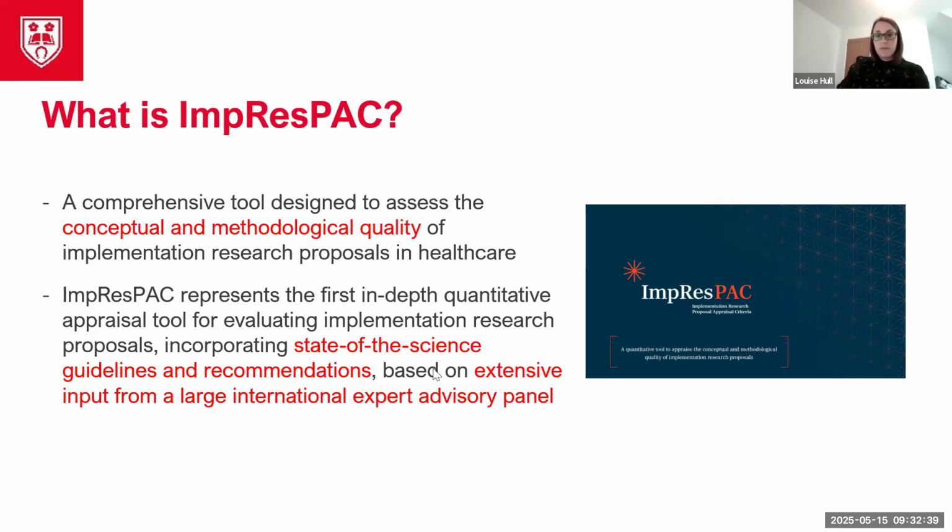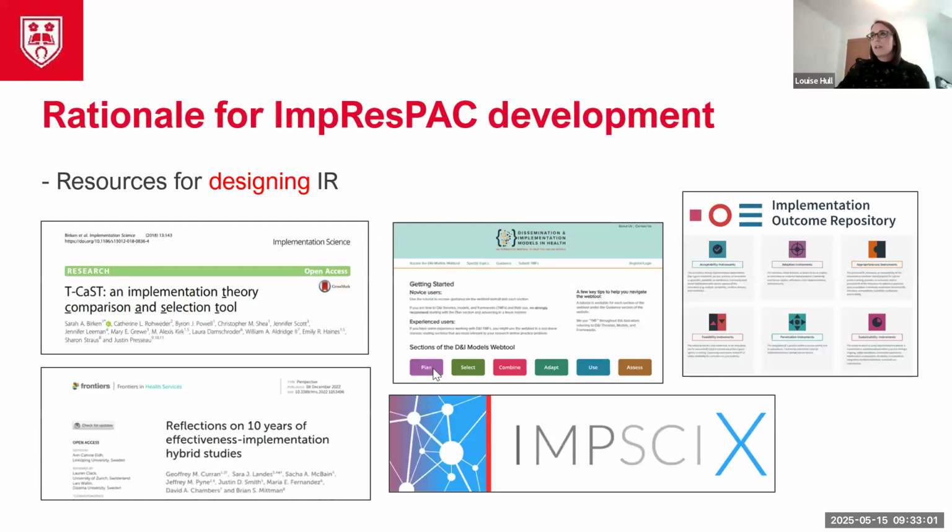And we believe, to the best of our knowledge, that ImpResPAC represents the first quantitative appraisal tool for evaluating implementation research proposals that incorporates state-of-the-science guidelines and recommendations, and it's based on the input from a large international expert advisory panel.